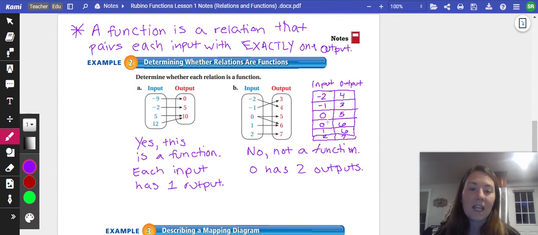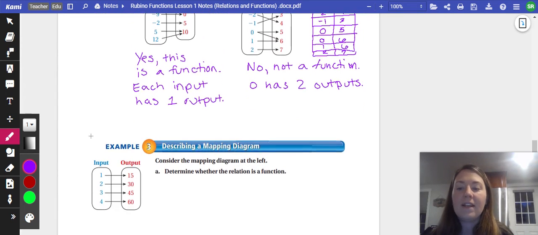So if you're given a table instead of a mapping diagram, you need to check to see if any of your input numbers are repeated. If you have a repeated input number, then you know that no, that is not a function. Okay, this input is repeating because it has more than one output. It has the output of 5 and the output of 6, okay? So a repeating input shows us that it is not a function.